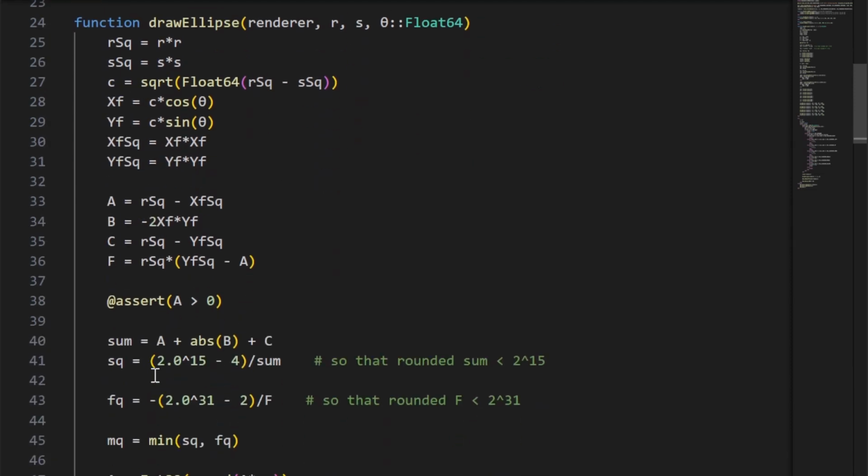So the most important routine here, of course, is the draw ellipse routine, and this one has three parameters, R and S, and our rotation angle. Now I want the rotation angle to be in floating point, and the way to do floating point in Julia is with the Float64 type. So this is just a double precision floating point number.